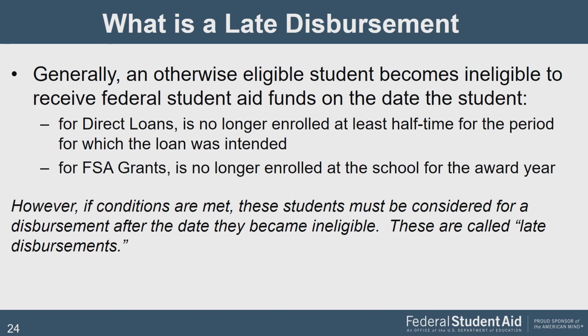Anytime the student starts class, they're eligible for funding. Just because you did not disperse to the student and they withdrew or became ineligible does not mean that they are not eligible for some of that money. They have still earned some of that money, and that's why it becomes a late disbursement.